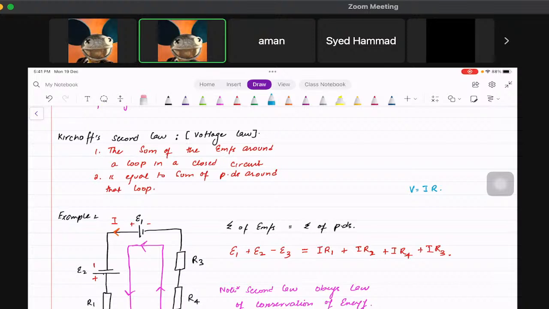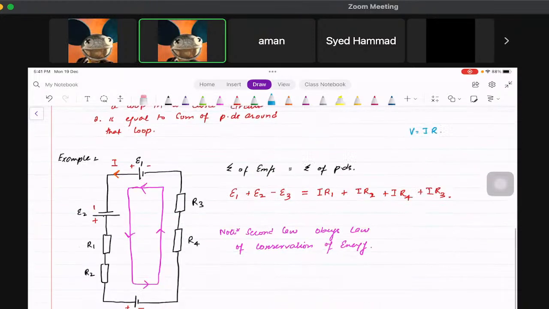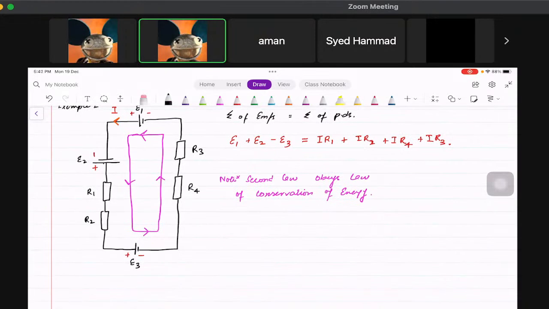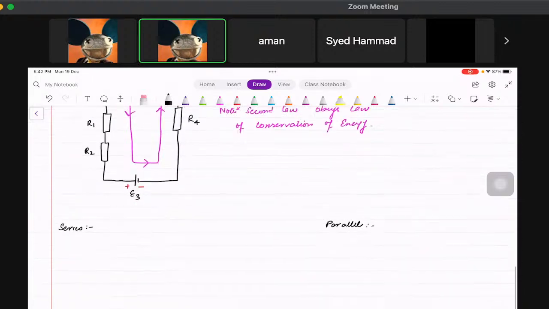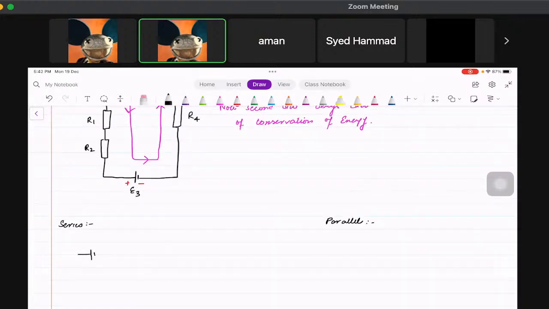Now, the next thing we're going to do: Kirchhoff's laws enabled us to work on series and parallel circuits. A series circuit basically means that with a cell or a battery or any source, the components like resistors or bulbs are connected one after another.